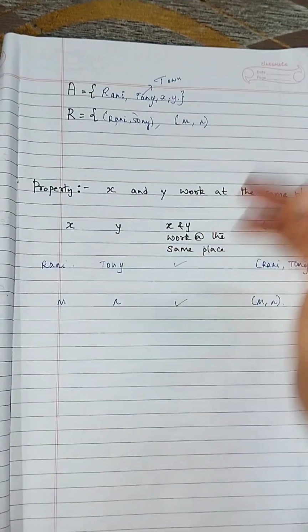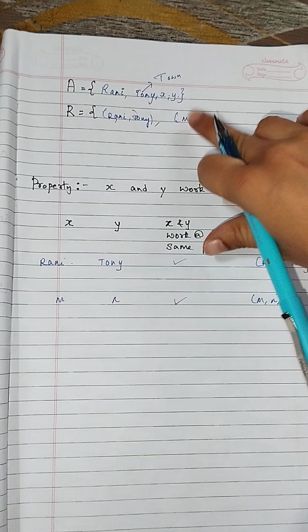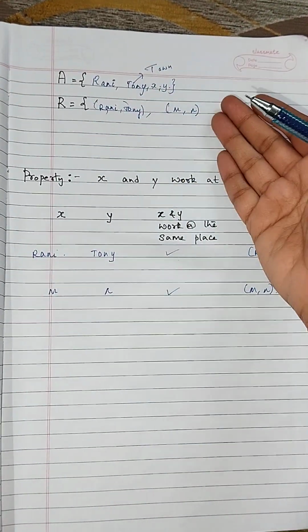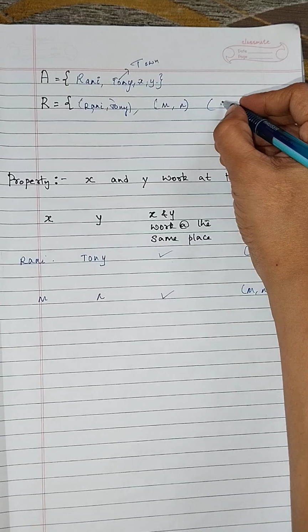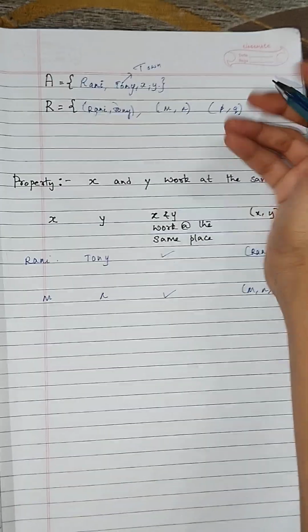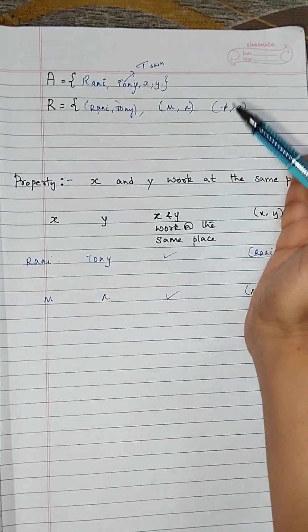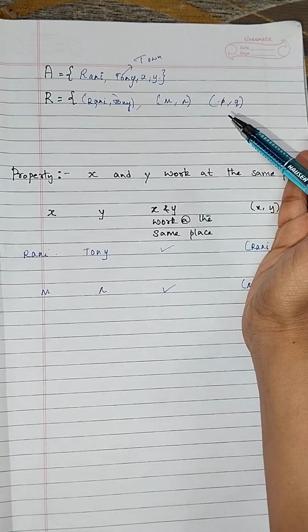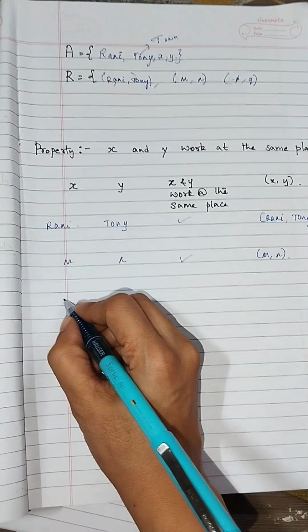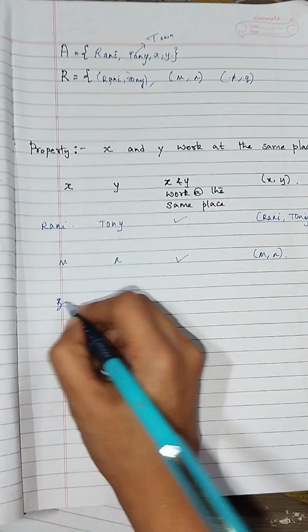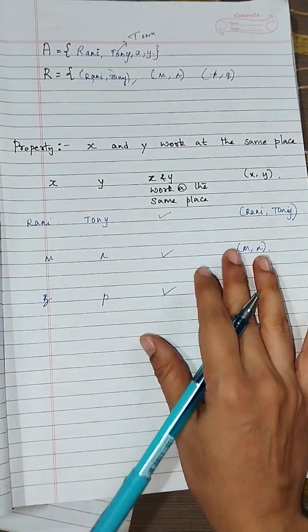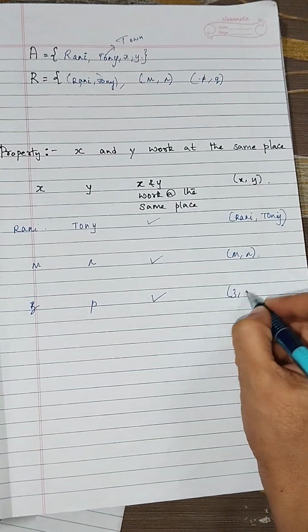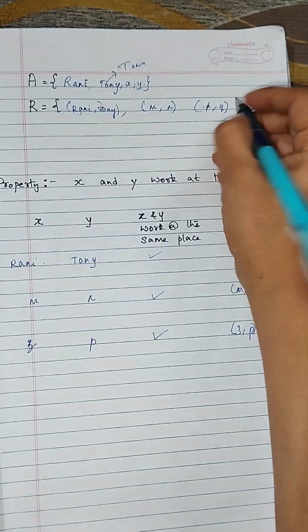If there is already an ordered pair, it clearly implies that they are working at the same place. For example, suppose you have the element like (P, Q), it is obvious that P and Q work at the same place. Suppose now you have Z and P. You know that both are working at the same place, then clearly you can write (Z, P) here.